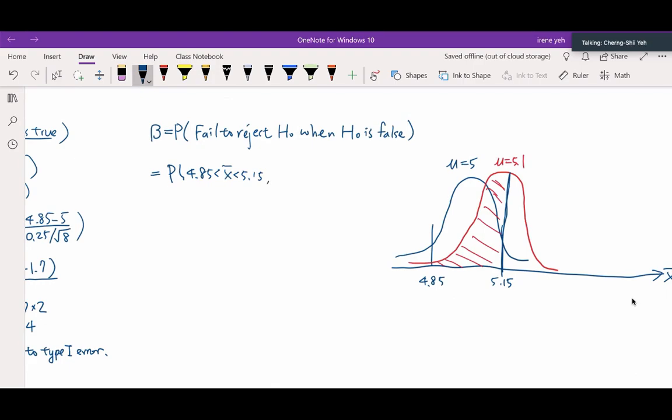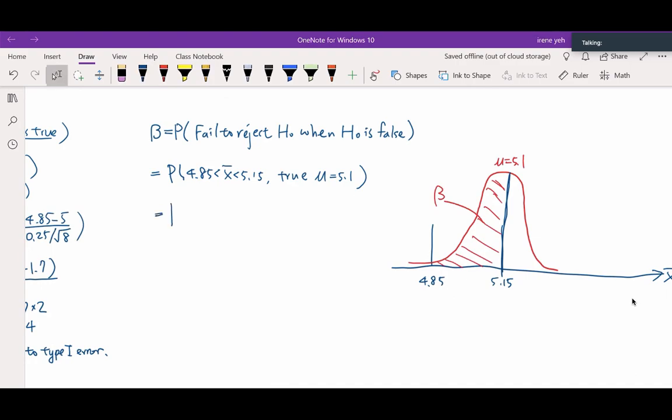My H0 is wrong because the true population mean mu is 5.1. So I'm going to erase my hypothesis value and calculate this highlighted red area. That is my beta.